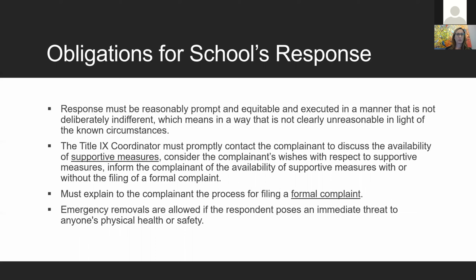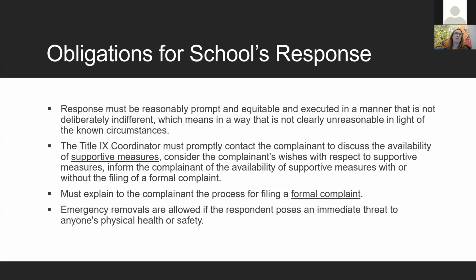Some examples of that, and it really is dependent on what you have available at your school. It's individualized on what's going to be the best situation for the parties that are involved. Some of those might be no contact orders, some academic accommodations, and that doesn't just mean where you're sitting in the school or what classes you're in, but also how it's impacting their academic work. Are they able to engage in learning?